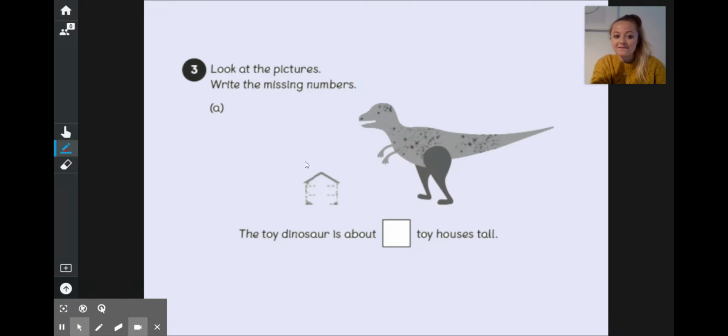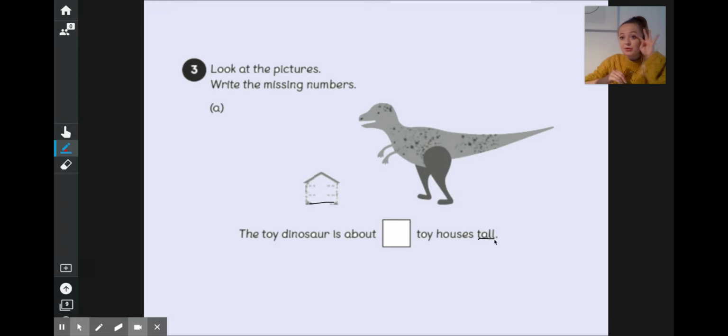And then finally, you have a few questions like this. We've got a dinosaur, and this is a house. It just has gone to look a bit funny. You need to write in the missing numbers. The toy dinosaur is about toy houses tall. Now think carefully. What does this word tall mean? Is that looking at the measurement from end to end or from bottom to top?